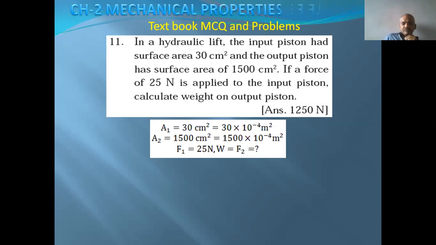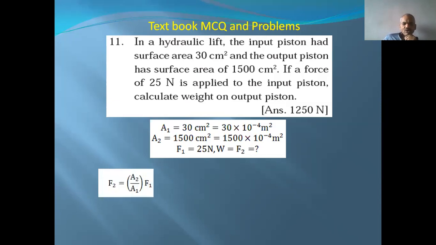Here the input force used at the input piston is given as 25 Newton, and we have to find out the weight which can be lifted at the output piston, that is F2. Here also we use Pascal's law, and according to Pascal's law, P1 is equal to P2.